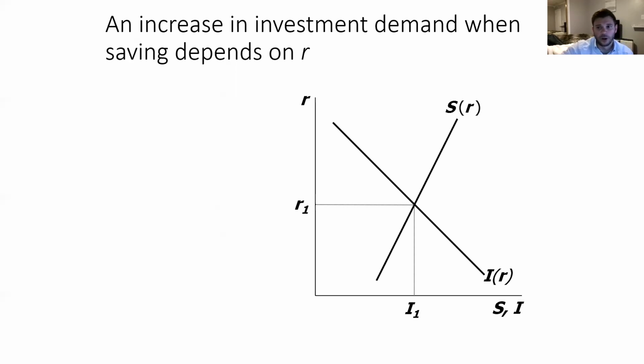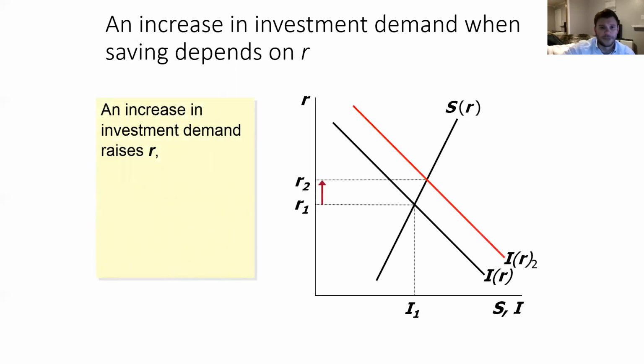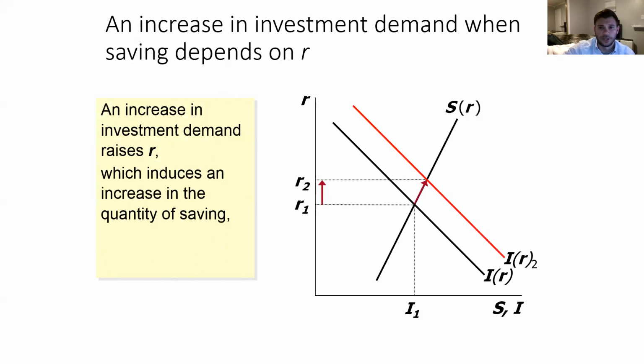And in this framework, a rightward shift in investment demand would not only push the real interest rate up, but would also lead to a quantity increase in both investment and savings in equilibrium.